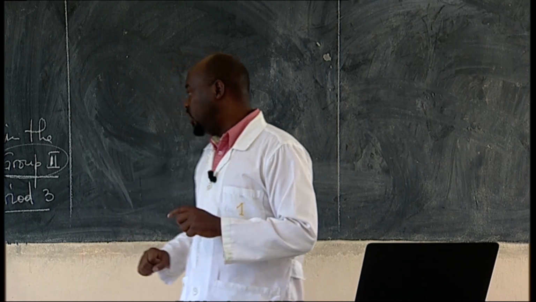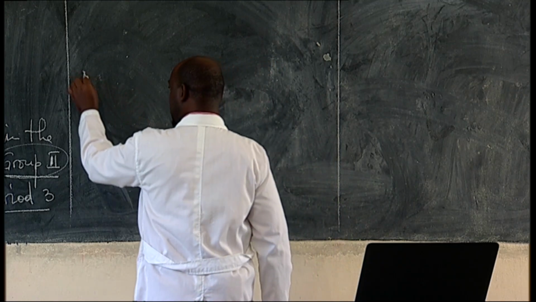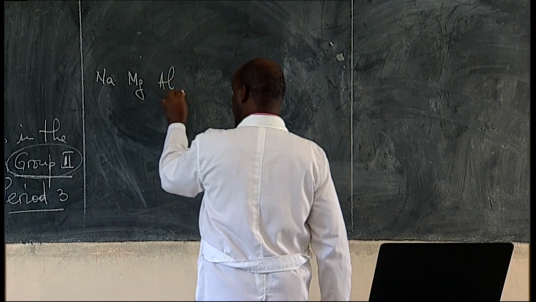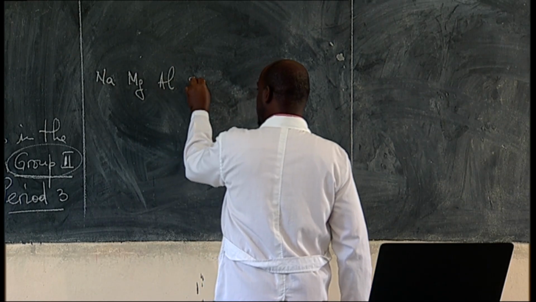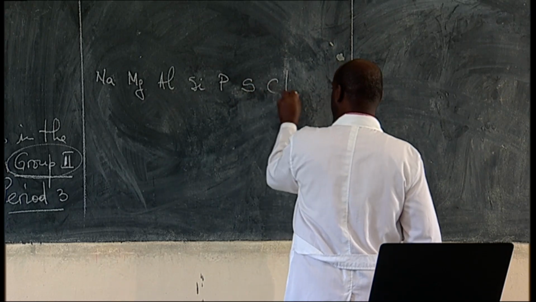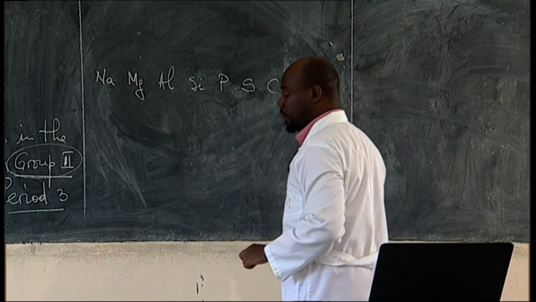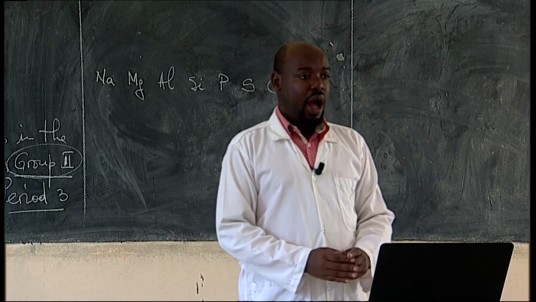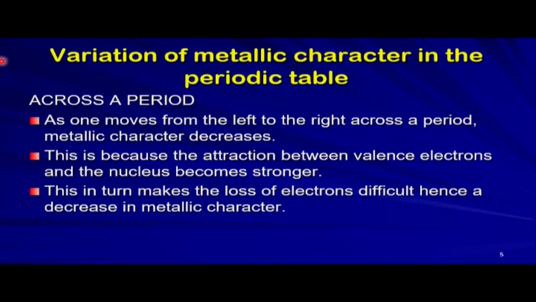Period number 3, for example, when you are moving from sodium to magnesium, aluminium, silicon, phosphorus, sulfur, chlorine, and argon. Those are the elements we have in the third period. And what happens? As one moves from left to right across the period, metallic character decreases.